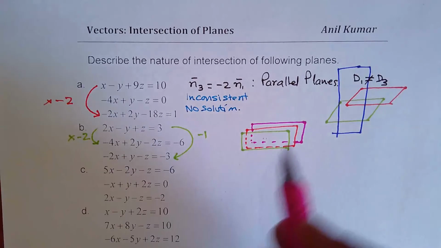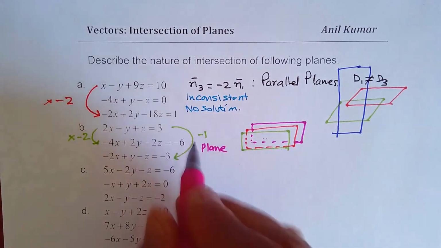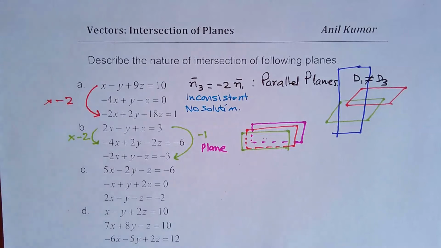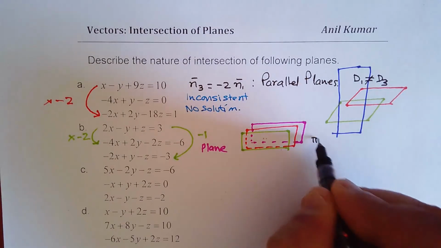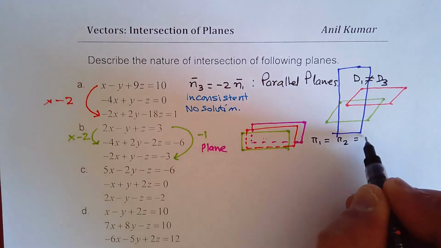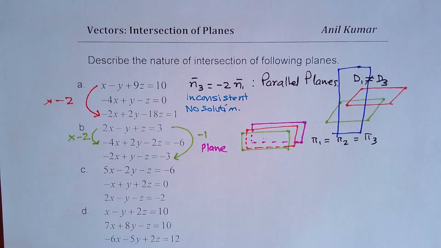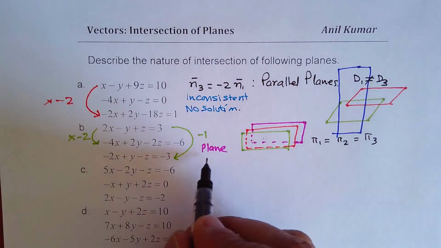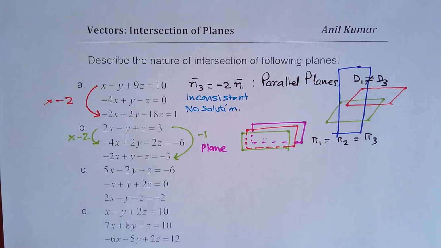The solution is a plane, all the same planes. Since they are the same planes, plane 1 equals plane 2, which also equals plane 3. So they are coincident, and the solution is a plane. You can provide any one of these equations as your solution.